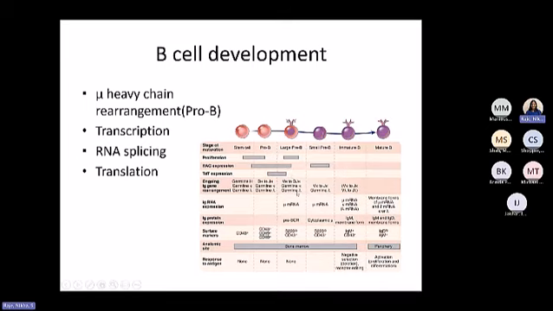But once that process is done and the BCR is made, the RAG and TdT are no longer required. So these proteins are no longer going to be expressed in a mature B cell. So if you find a cell and you do its studies to see what it expresses and you find RAG and TdT in them, they're likely going to be the pro-B cell or the pre-B cell stages of B cell compared to a B cell that's more mature when there is no RAG or TdT in it.